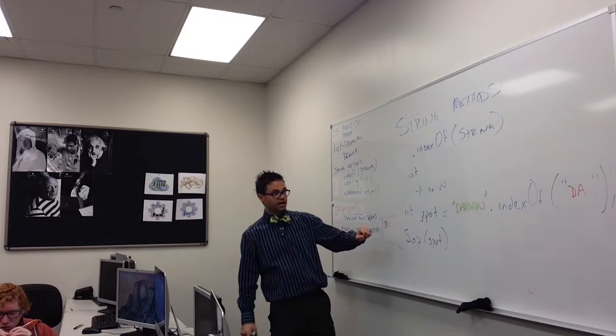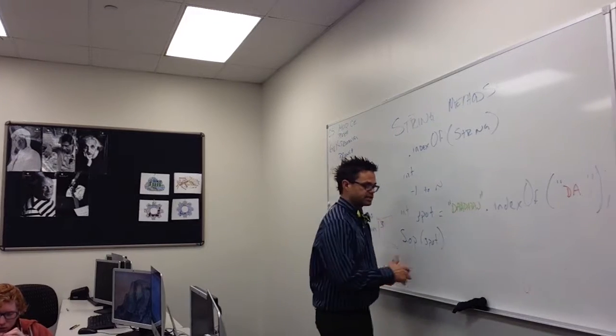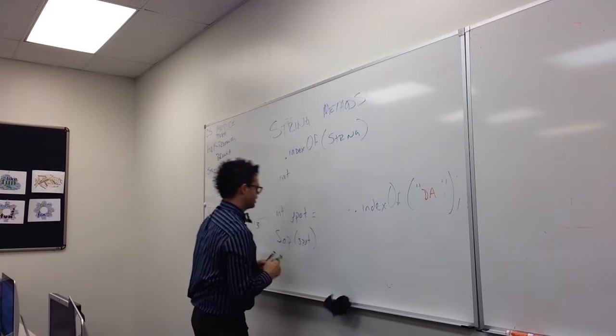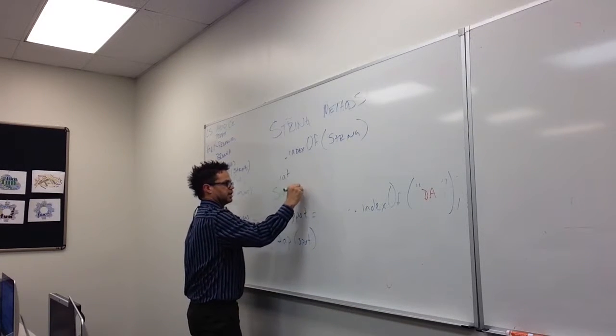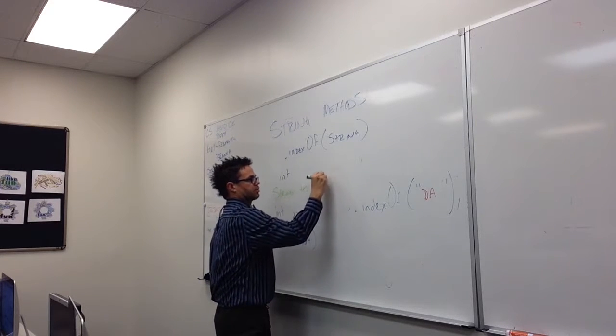Now, indexOf doesn't have to be working with just a string literal. Like I said, we can use a string variable. So if I go up here and beforehand I say string test equals quotes something.